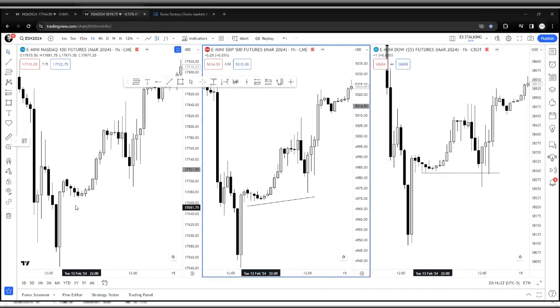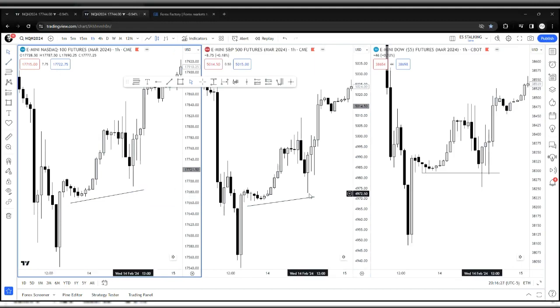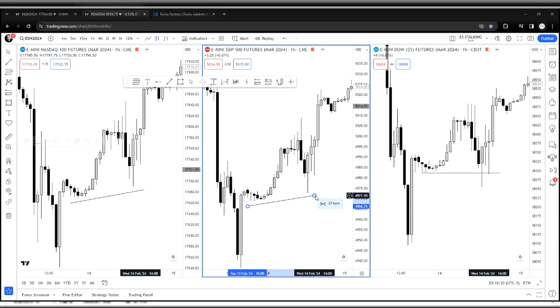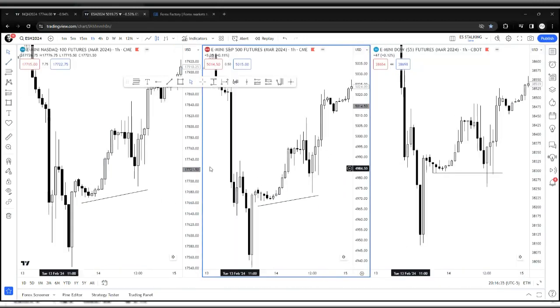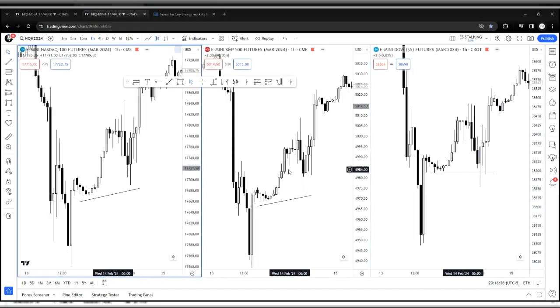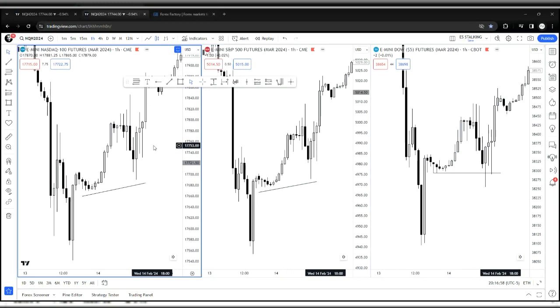And you need at least 3 asset classes, right? Whenever you have 2 out of the 3 asset classes, which is why I say it's better to use 3. You can use 2, of course you can, but it's better to use 3 because whenever you have 2 out of the 3 asset classes failing to break below a low, like this right here, then we're prone to have more explosive price action, right?